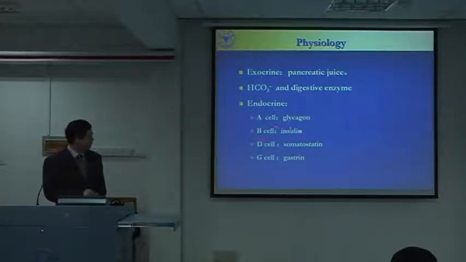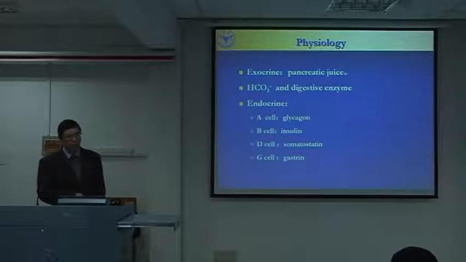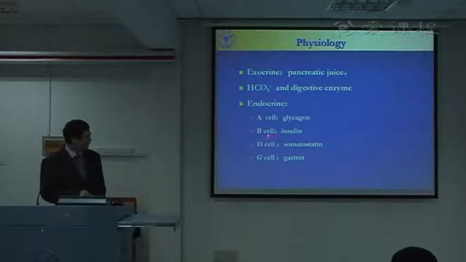The most important are beta cells, which produce insulin, A cells produce glucagon, and G cells produce gastrin. If the beta cells proliferate, the islet will produce a lot of insulin. At that time, insulinoma will occur.